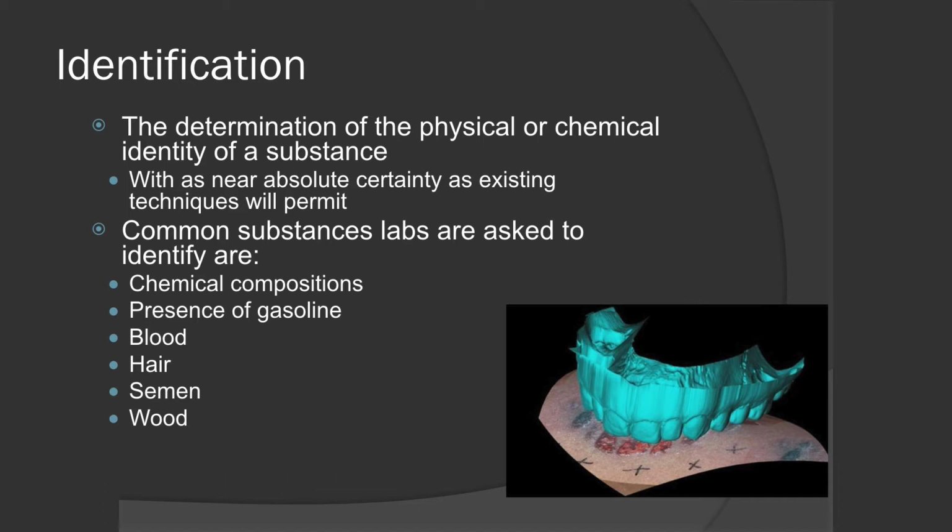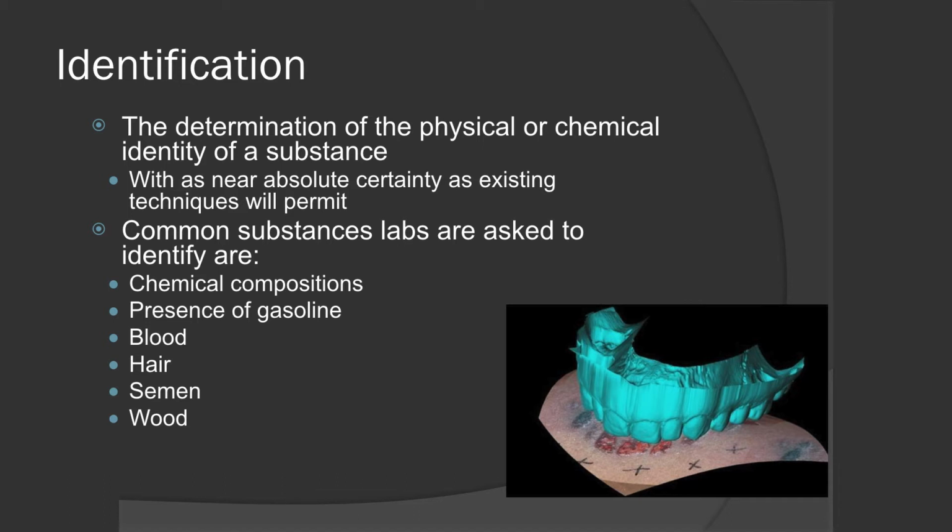Common substances labs are usually asked to identify are chemical compositions, presence of gasoline, blood, hair, semen, wood. Crime labs are frequently requested to identify the composition of illicit drugs.